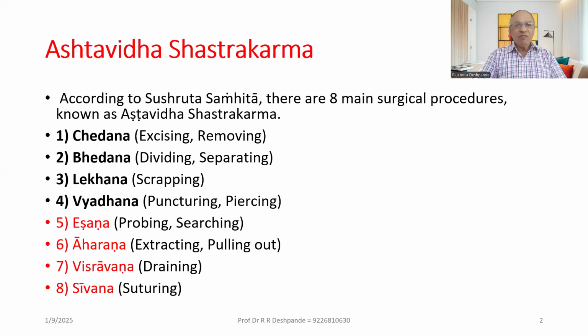According to the Sushruta Samhita, there are 8 main surgical procedures known as Ashtavidha Shastrakarma. As you know, we have the big 3 compendia in Ayurveda: Charaka Samhita, Sushruta Samhita and Ashtanga Hridaya, written by Vagbhata. Charaka Samhita is said to be the master text of internal medicine, that is Kaya Chikitsa.